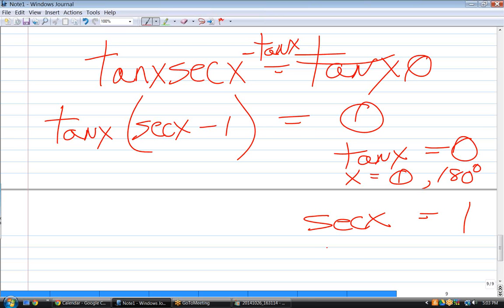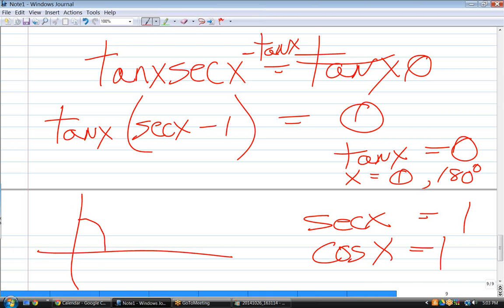Which means we're in the same place as cosine x is equal to 1, right? Because since they're the reciprocal of one another, if the secant x is equal to 1, the cosine x is equal to 1. So let's look at our cosine curve again. Where is it equal to 1?